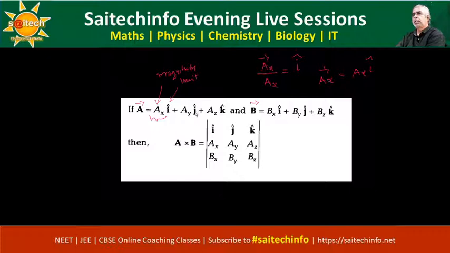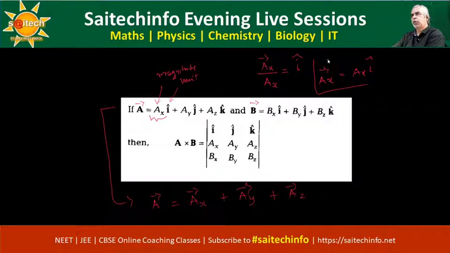Similarly, this is Ay vector, which is nothing but Ay into J vector, and plus Az. Originally it was represented as A vector equal to Ax vector plus Ay vector plus Az vector. Now for each we have to substitute these values.